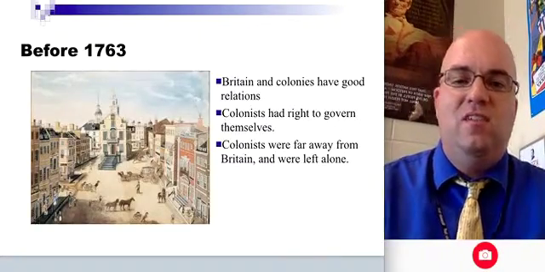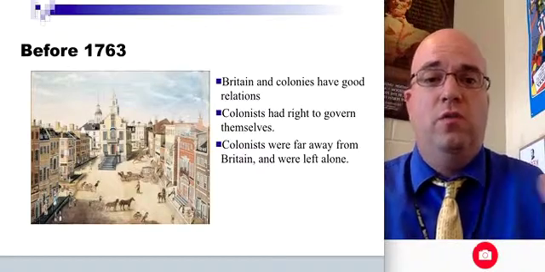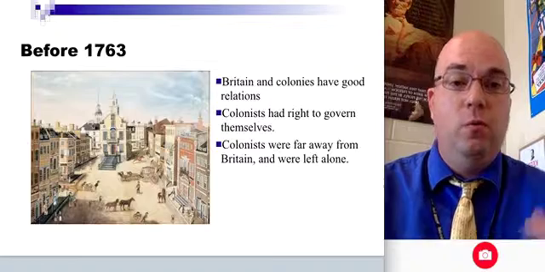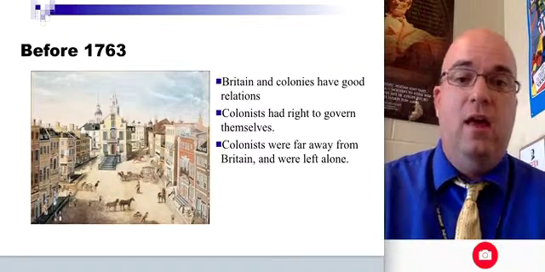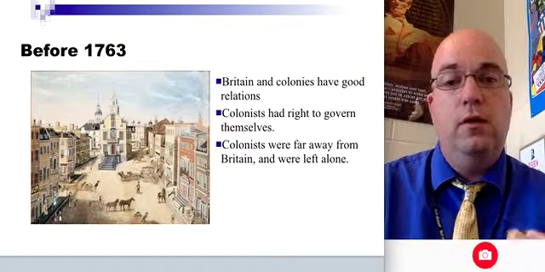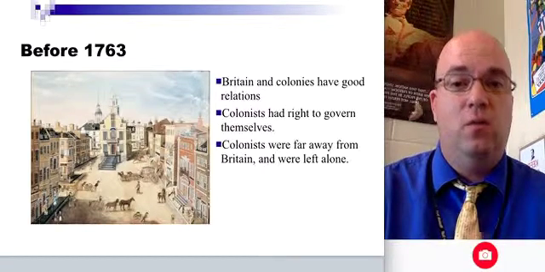Before 1763, for the most part, Britain and the colonies had a pretty decent relationship. They relied on each other for trade and for governance. It varied from colony to colony, but a lot of colonists had a lot of self-rule.